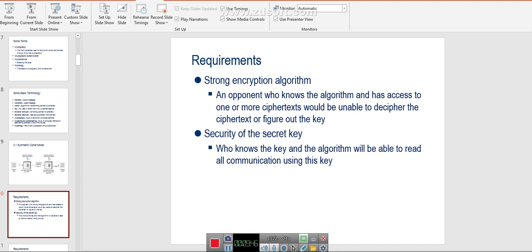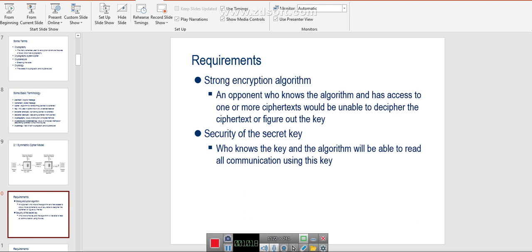Requirements. In order for the symmetric cipher model to actually work, there are basic requirements that we need.